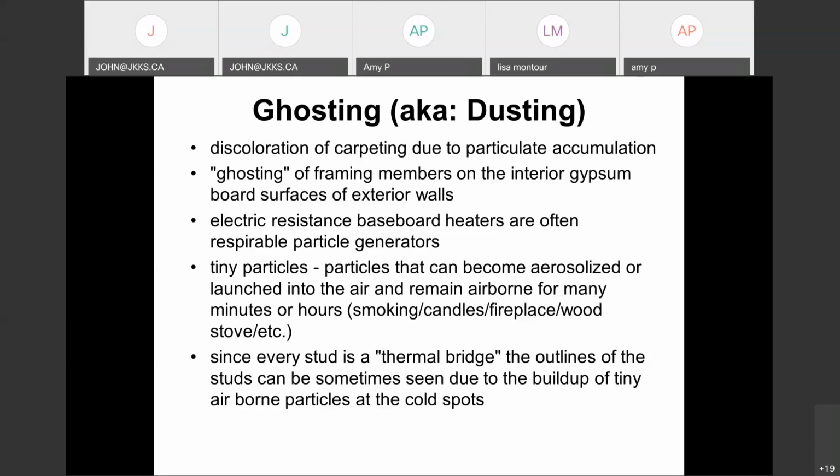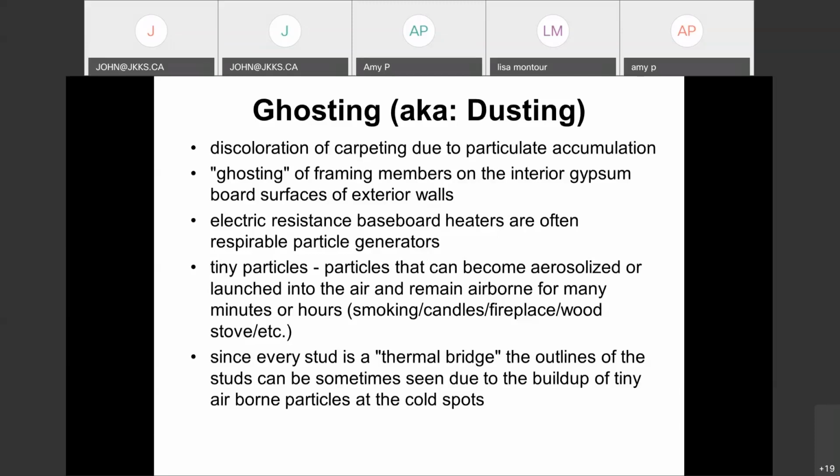So there are a number of places where this actually can occur. We can see discoloration of carpeting along the bottom outer perimeter of the house if you have carpeting. It is common on interior gypsum board surfaces at exterior walls. Sometimes you can even see it with electric resistance baseboard heating. Sometimes you'll notice some dusting or some darkening of the wall area just above the heating baseboard itself.